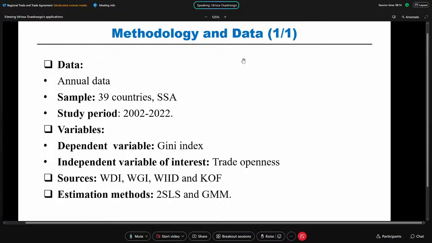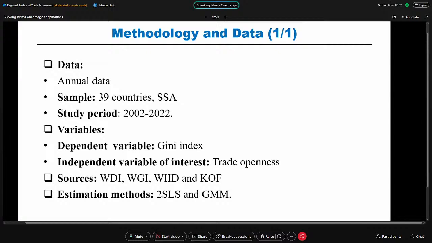Our data are from the World Development Indicators and also the WEO for income inequality, and the curve for some measures on exports and imports that we have used.